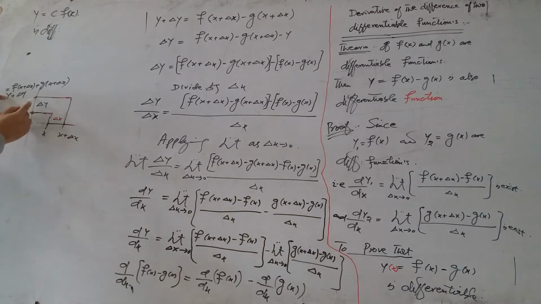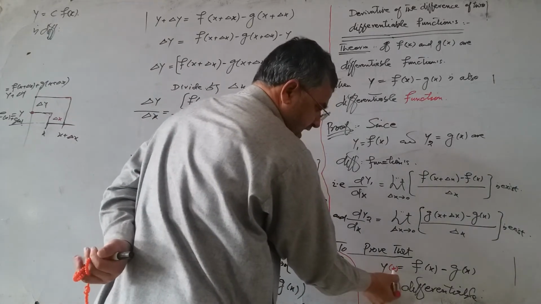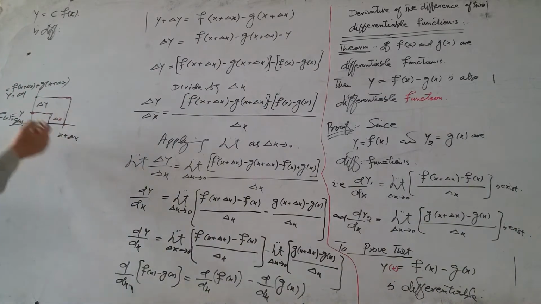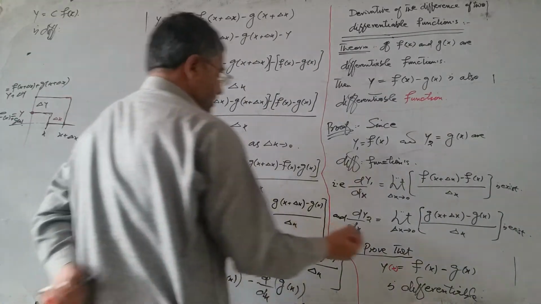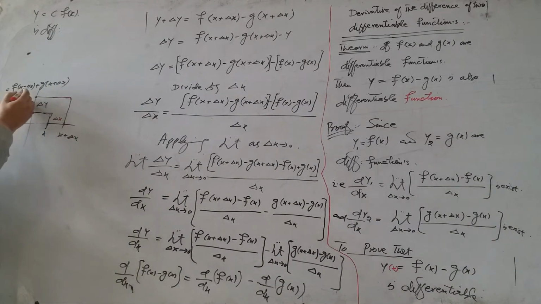Therefore, this point y plus del y is equal to f of x plus del x minus g of x plus del x. This point is calculated from the given function when we replace x by x plus del x. The value of the function at the point x plus del x is f of x plus del x minus g of x plus del x, which is another point on the y-axis.